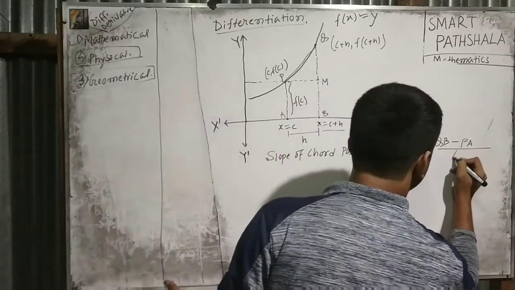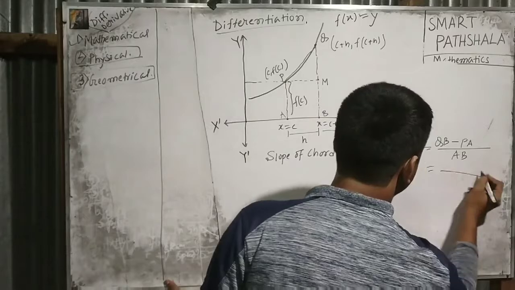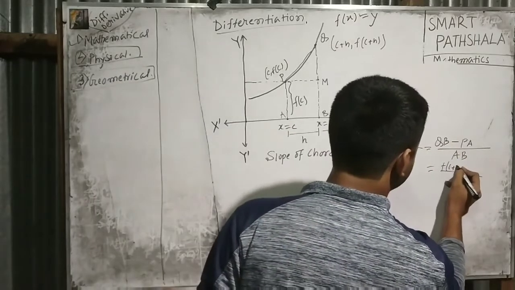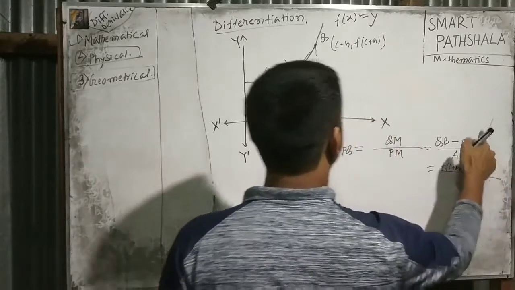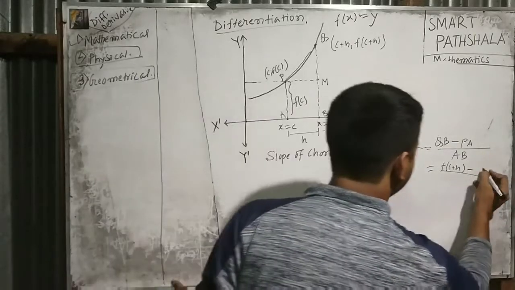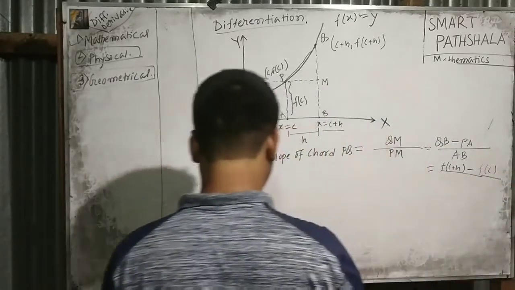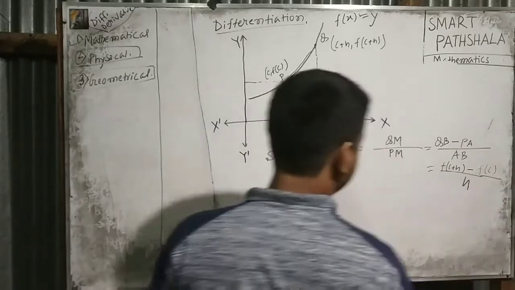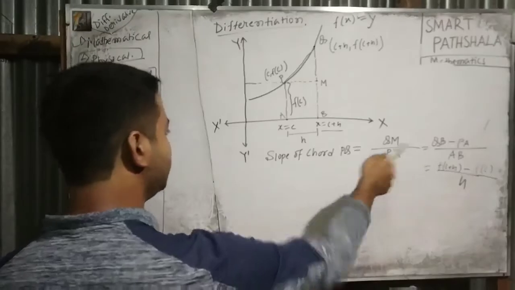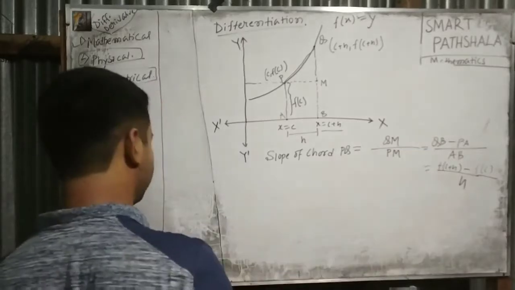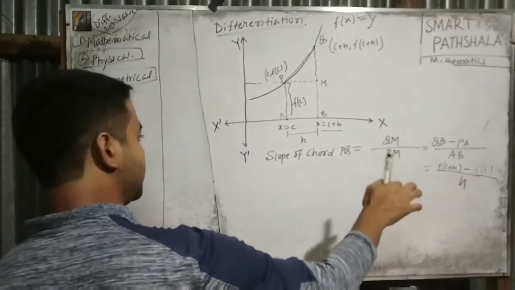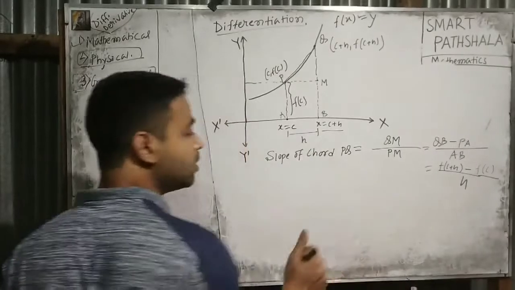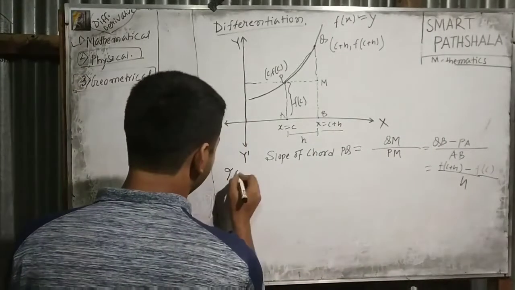PM is equal to AB. Now we can write QB. What is QB? QB is f of c plus h, minus PA. What is PA? This one, f of c. Okay. And what is AB then? AB is h. Remember this thing, the slope of the chord is f of c plus h minus f of c, divided by h. Now comes the big picture.